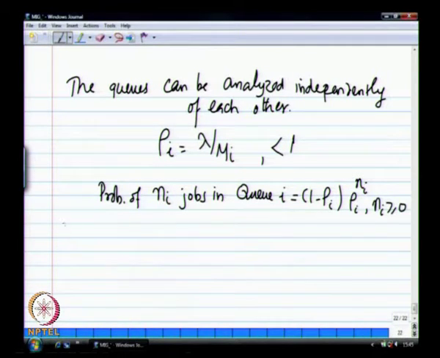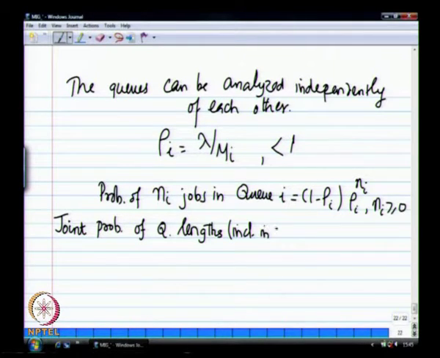Okay. And then if you look at the joint probability of queue lengths. Queue length is basically the number of customers, not just the length, right, including the one in service.